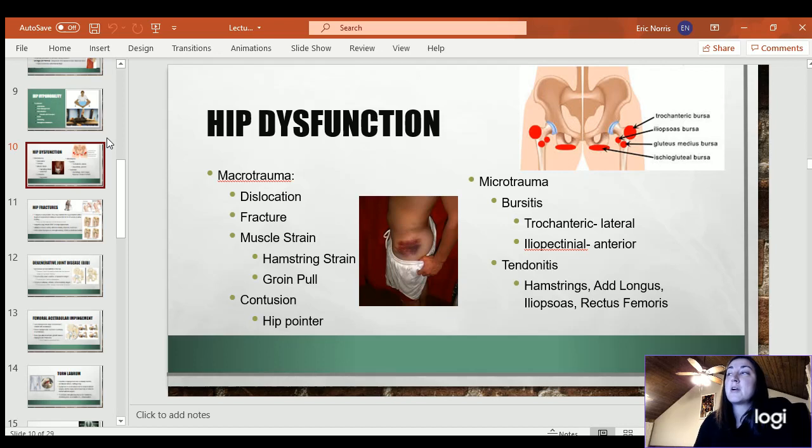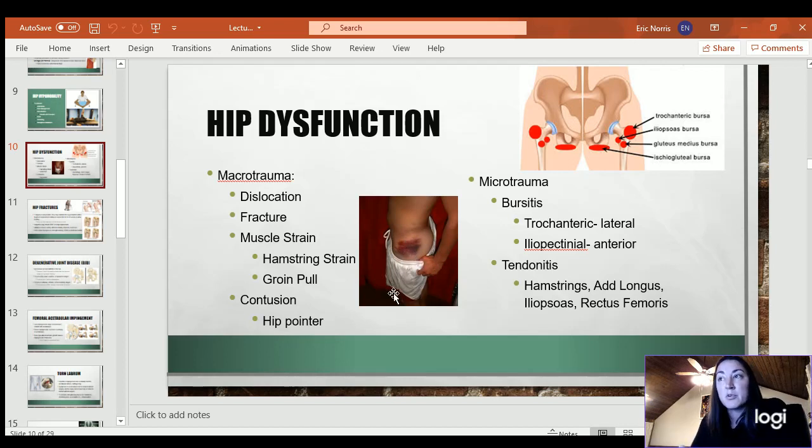Okay, so there are various hip dysfunctions. Now, macro traumas, the terms that would go into that category would be a hip dislocation, a fracture, any type of muscle strain that involves the hip, like the hamstring or the groin, would be a macro trauma. And then contusion. So this picture here is a picture of a hip pointer, is what we call it.